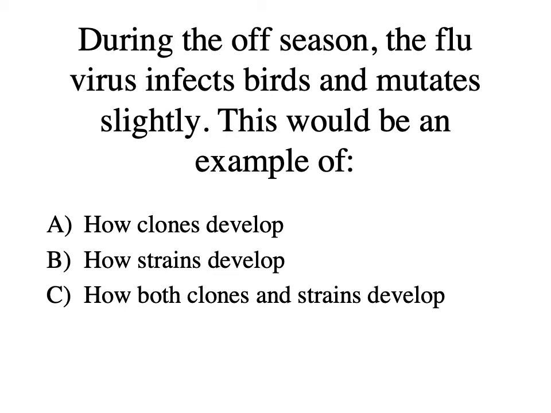If the flu mutates slightly, which means it changes a little bit, that has to be B, how a strain develops. And a lot of times when we consider influenza, we have a wide variety of different strains. We will talk about that in the third part of the class when we talk about infectious diseases.